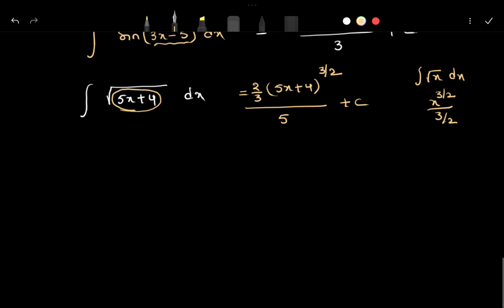Integration of... see, it is a very important question. Please all of you see this one very carefully.